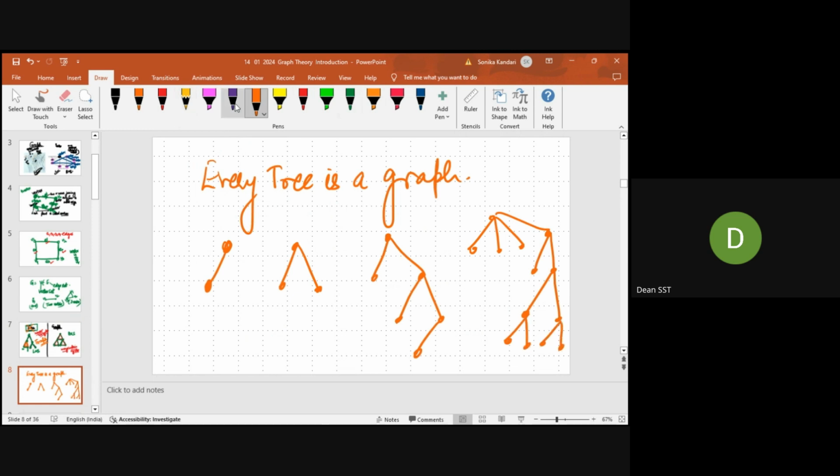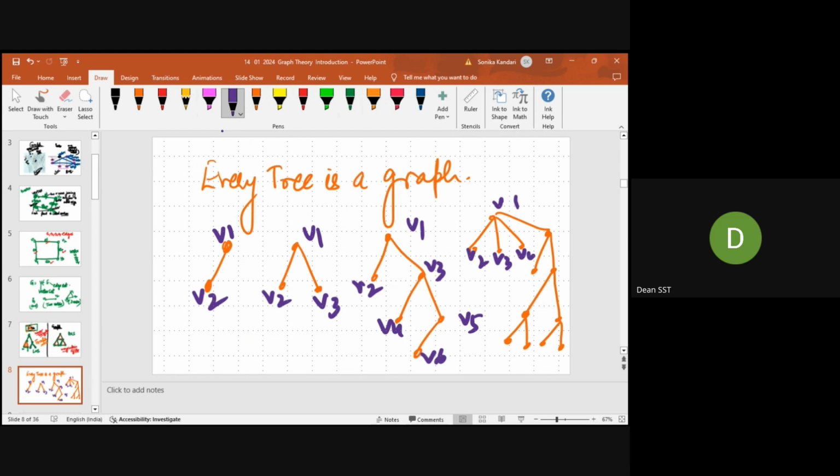Fine. And these are vertices: v1, v2, v3, up to v12. All these are trees. This is a tree.